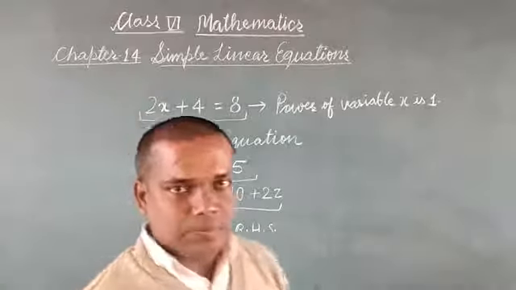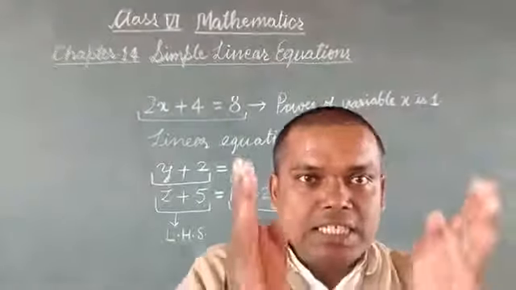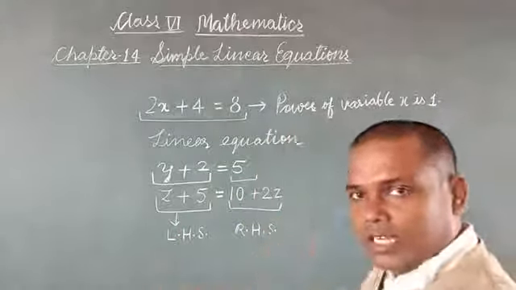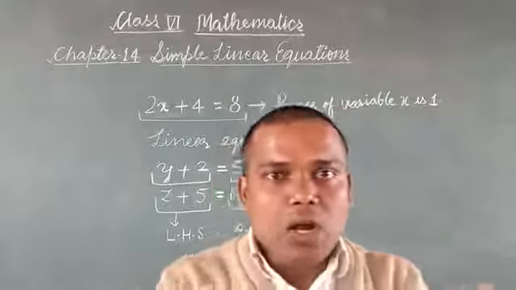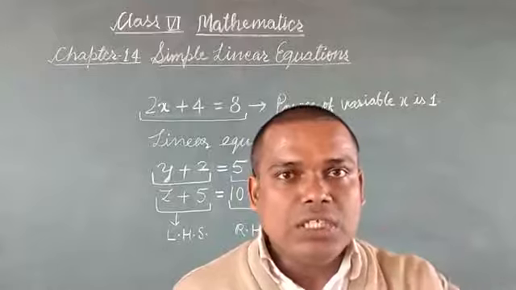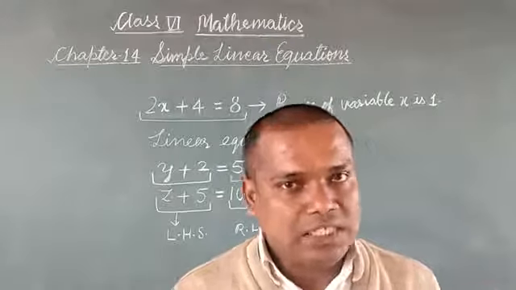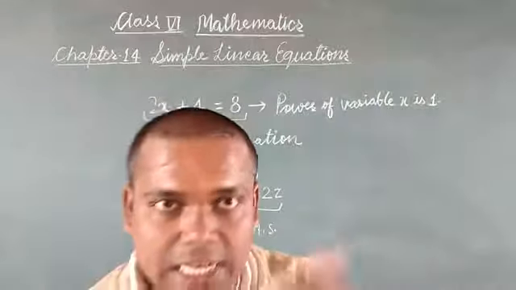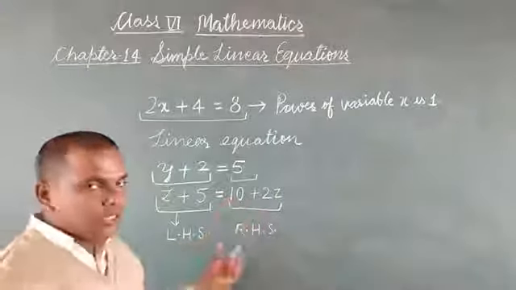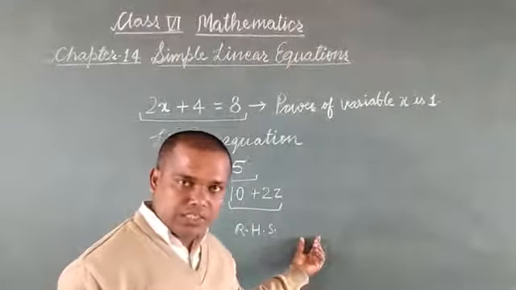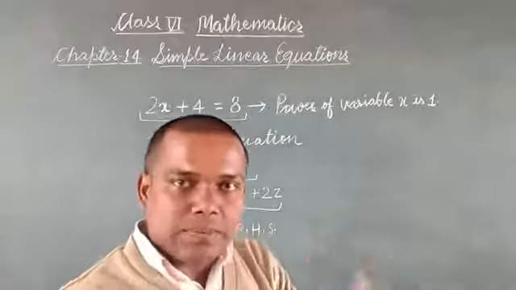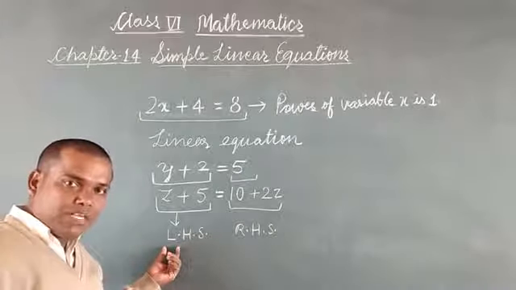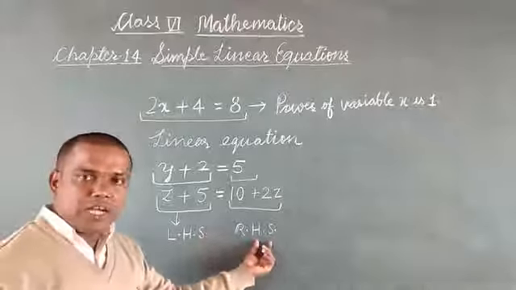Now we have to learn that if any change is made in the left side, the same change we have to make to the right side, and the equation will not change. Meaning that we can add the same number to the left side and to the right side of an equation, and the equation remains the same. We can subtract the same number from the left hand side and right side of an equation.